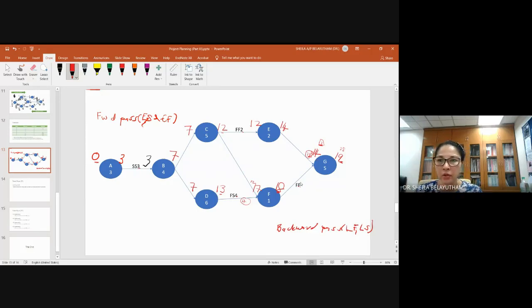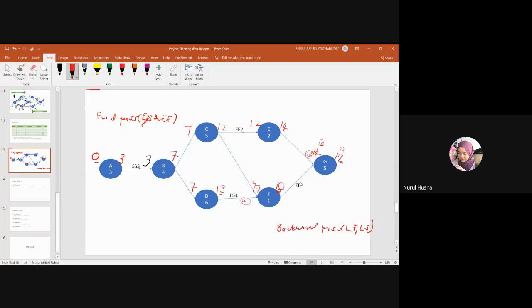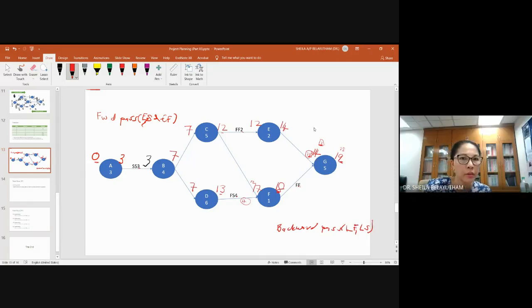Cannot. So that's why you choose the bigger one that covers both activities, with no overlapping. So it will be 14. So 14 is bigger. Hence 14 plus 5 is 19. Do you understand? Okay, so moving backwards.